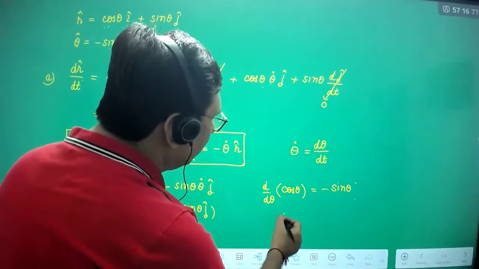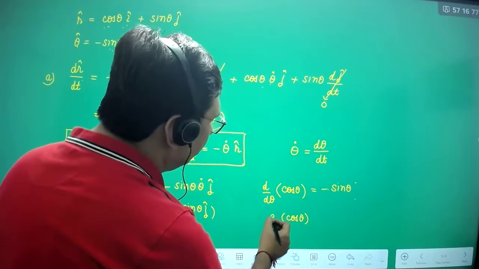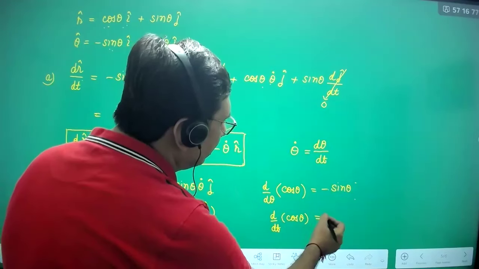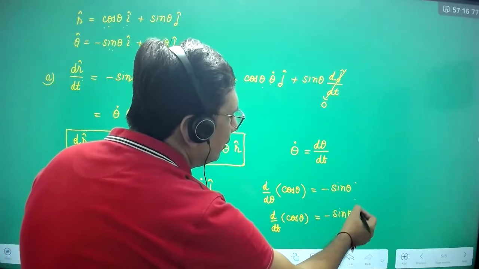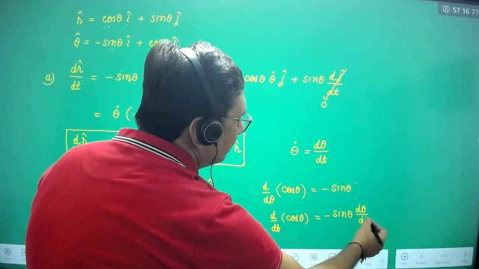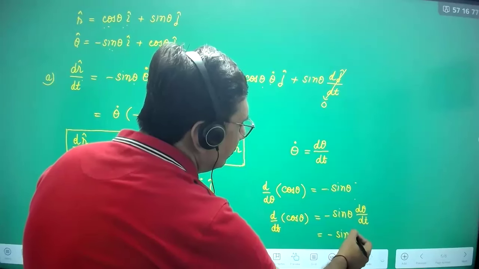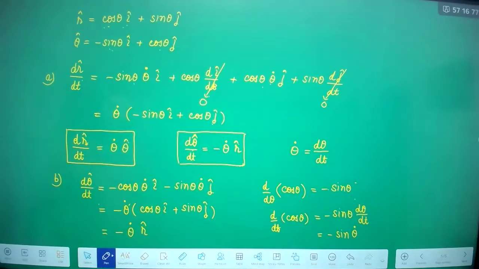But if you are differentiating this cos theta with respect to time, d by dt, then it will be minus sine theta, and theta is also changing, so it will be d theta by dt. And it will be minus sine theta, and you write it as theta dot. Theta dot means d theta by dt. Is it okay now? Yes, sir.